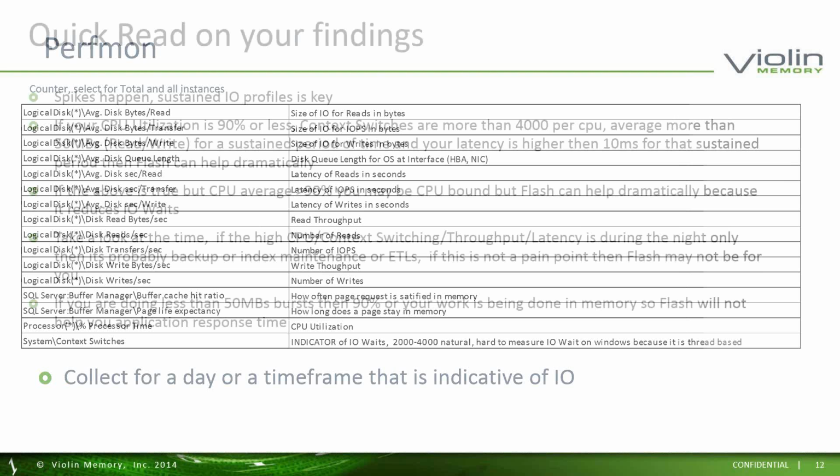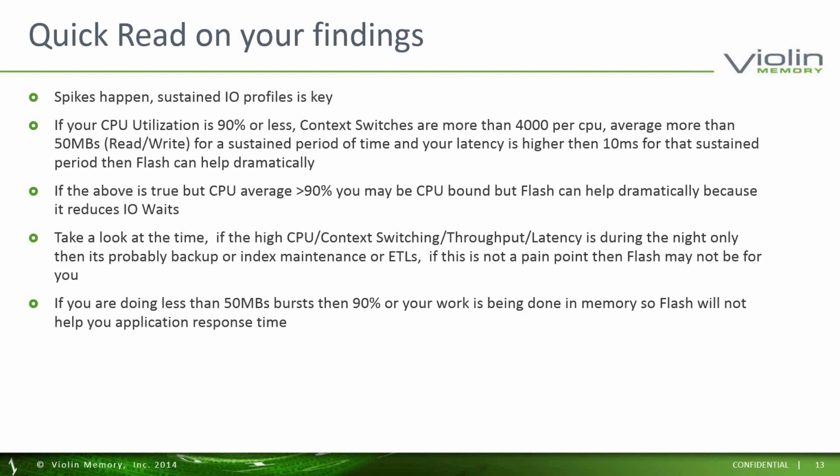If your CPU utilization is 90% or less, your context switches are more than 4,000 per CPU, you're averaging more than 50 megabytes per second for a sustained period of time, and your latency is higher than 10 milliseconds, then Flash is going to help you quite a bit. A lot of people have this, and that's really the watermark that I use when I go on these Flash implementations to tell people whether or not we're going to help.